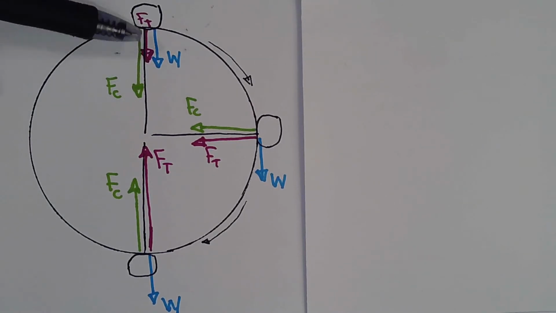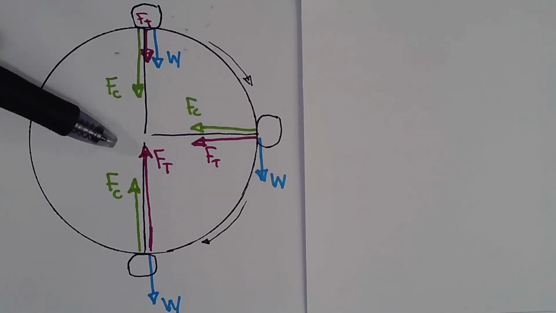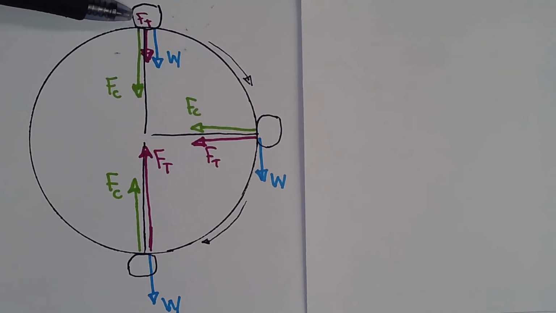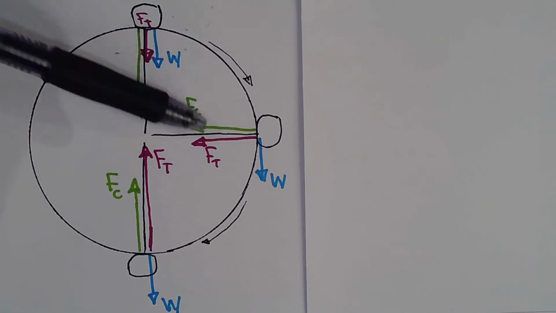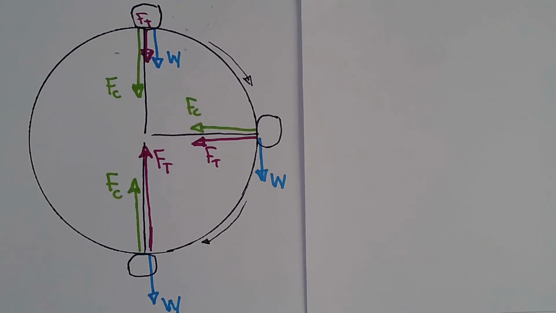In this case, our 2 options are going to be the tension and the weight. Sometimes they work together, sometimes they work against each other, sometimes they ignore each other. But these are the 2 forces that act on the object, so these are the only 2 ingredients in the recipe, if you will.